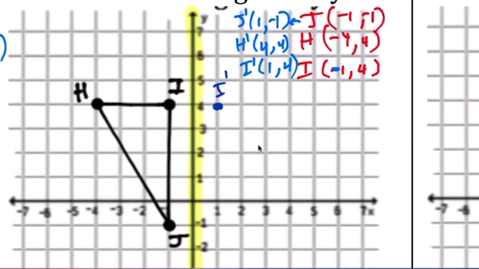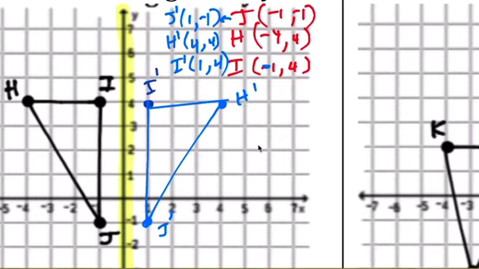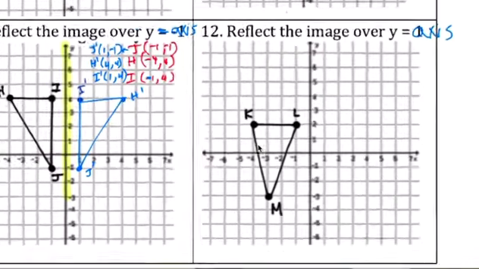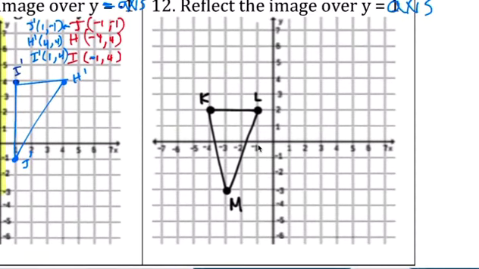4, 4 is here for H. And then 1, -1 here for J. Okay, same thing here over the y-axis.